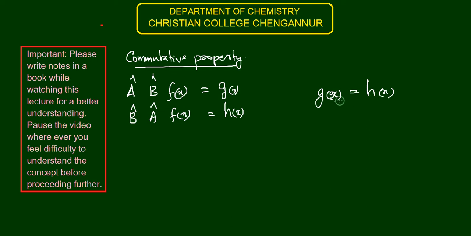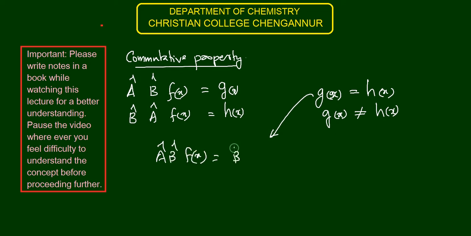Sometimes g of x may be equal to h of x, and sometimes it may not. If g of x is equal to h of x, then A cap B cap f of x is equal to B cap A cap f of x. What does it mean? The sequence of operation doesn't matter in this case.